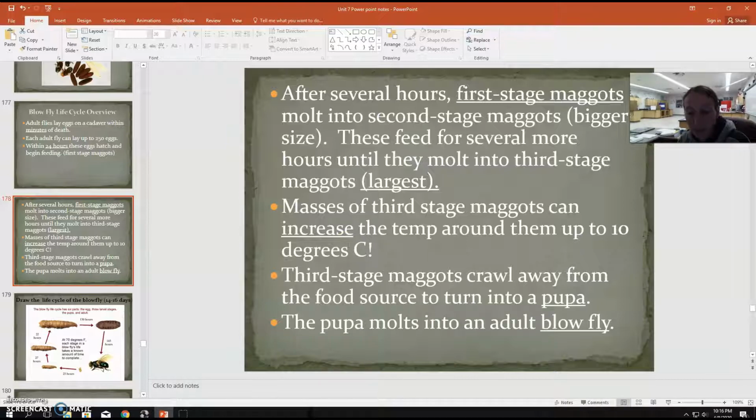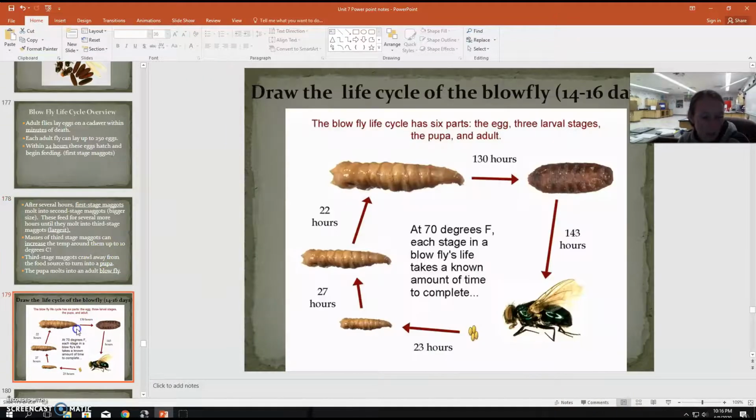All right. So this is the cycle I would suggest you memorize. And like I said, this first part gets kind of easy. 23, 24, 22. So I would just lock in, it's approximately 24 hours. Okay, 24, 24, 24. Now for here to create that pupa stage, we're getting into that 130 hours.